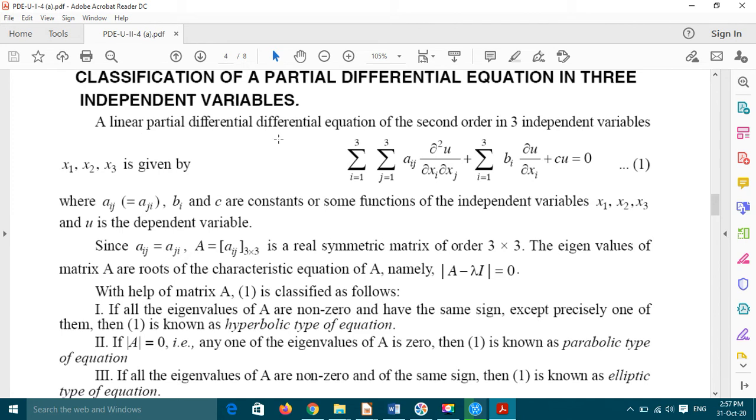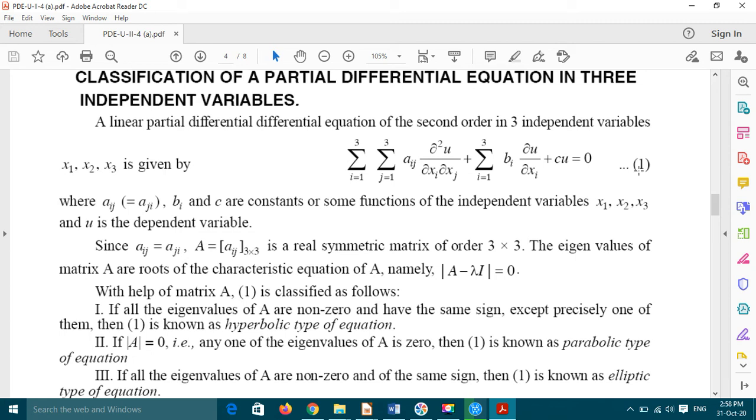A linear partial differential equation of the second order in 3 independent variables x1, x2, x3 is given by the summation over i = 1 to 3, j = 1 to 3 of aij ∂²u/∂xi∂xj plus the summation over i = 1 to 3 of bi ∂u/∂xi plus cu = 0.